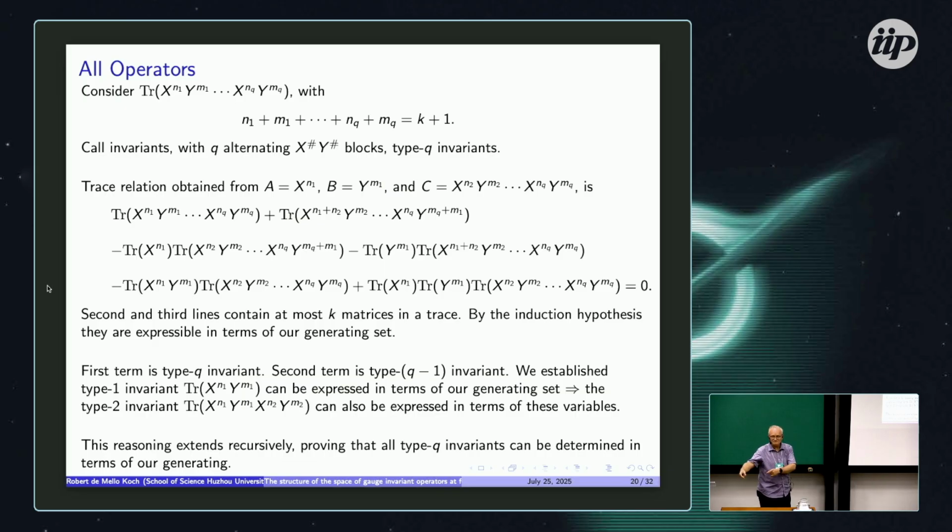But once I've got the type 1 invariant, I can then work out the type 2 invariant. So I can now just do a recursion on q, and using the trace relations, this proves I can write every single gauge invariant operator in this theory in terms of those 5 invariants that I showed you. So for two 2x2 matrices, those 5 primary invariants are what replace the eigenvalues. Okay, next example.